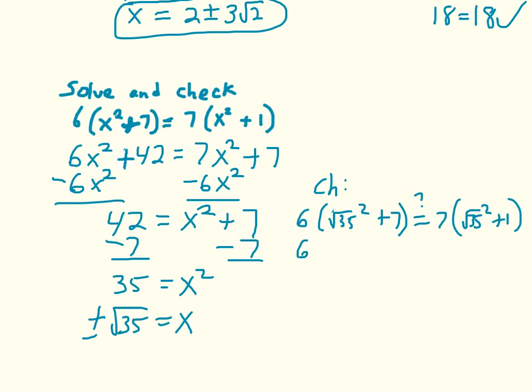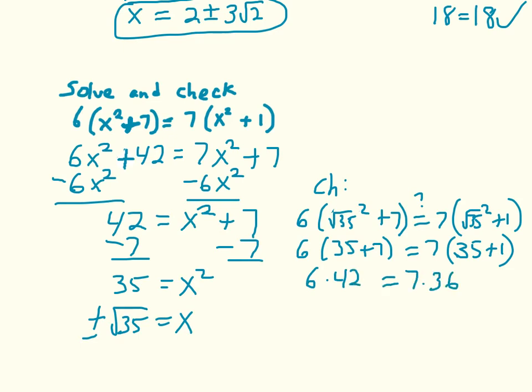Well, root 35 squared is 35, so you end up with 6 times 42, and we need to know if that equals 7 times 36. And it certainly appears they do. That's going to be 12 and 1, so they both equal 252. So that works.